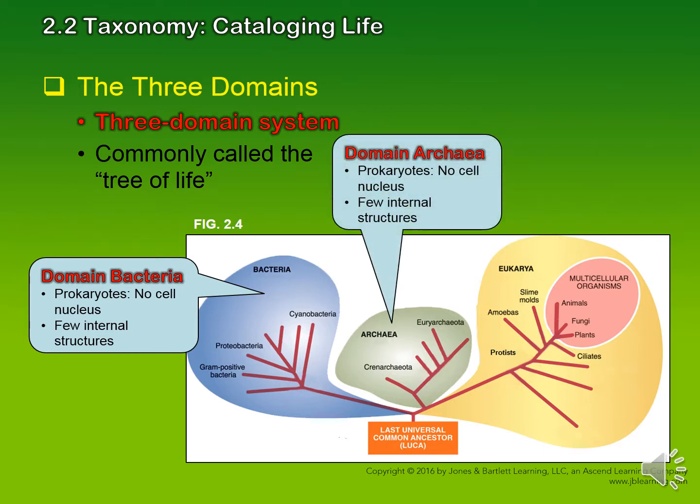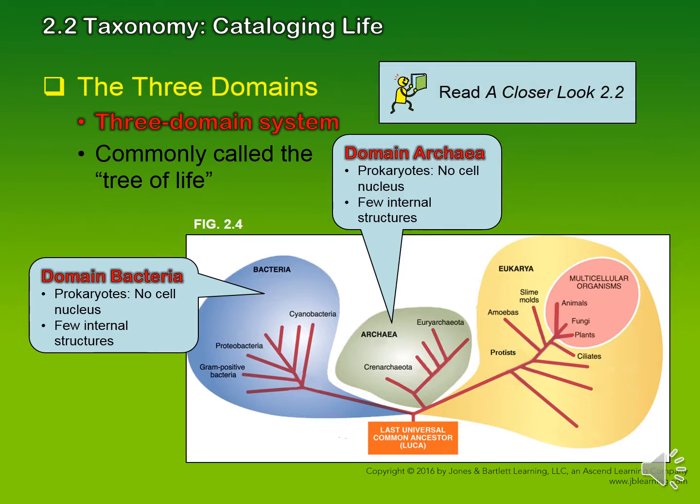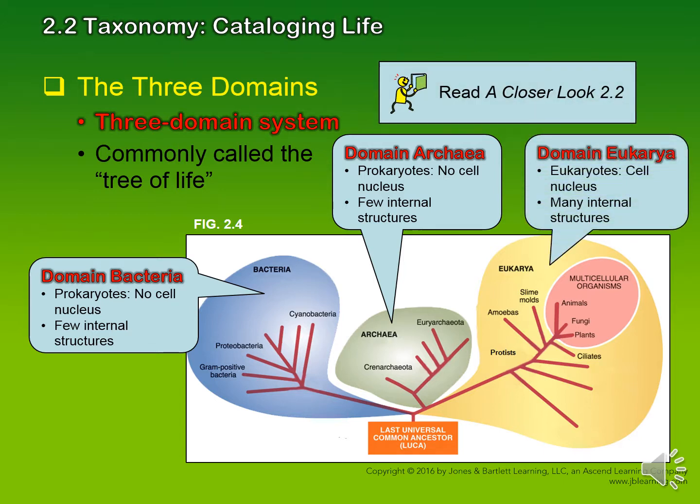Our archaea also don't have a nucleus, okay. It's only when you get into the eukarya do we get a nucleus. Okay, so that's kind of the surest way to be able to tell these different kinds of cells apart by whether or not they have a nucleus or not.